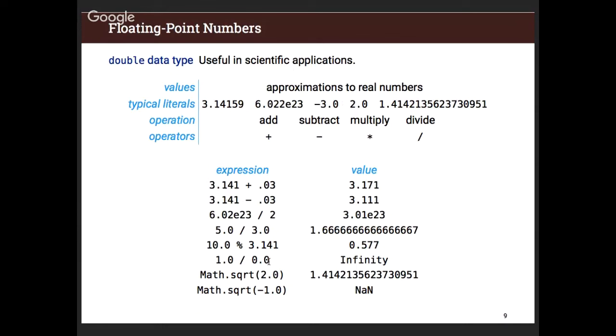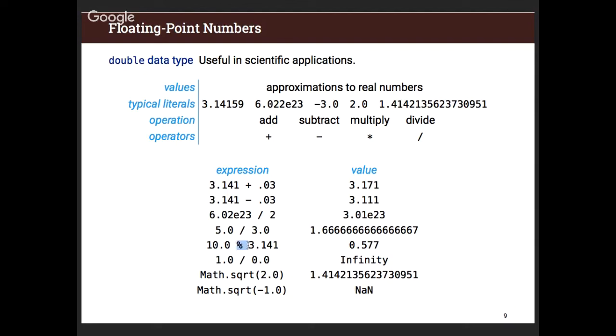Doubles have exactly the same operations as integers. So I can add them, I can subtract them, I can divide them, I can multiply them. But now we're talking about real division. So it's real addition, real subtraction, real division. And when you divide two numbers, you actually get a floating point value. You get a real part after the decimal point, so that this number divided by 2 actually contains something after the decimal point.